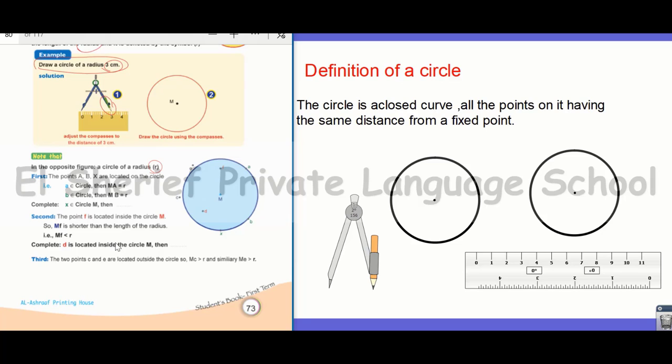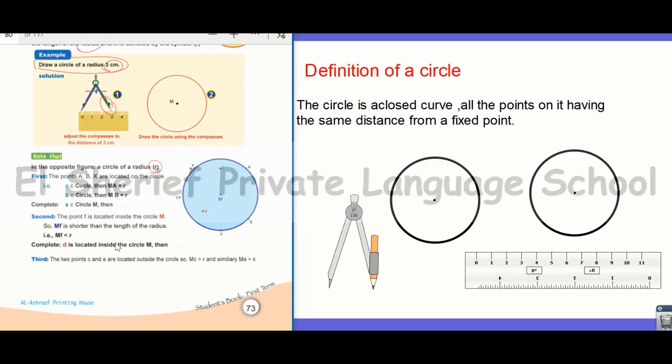First, we have 3 types of points. If we draw a circle, we have 3 types of points: a point inside the circle, a point on the circle, a point outside the circle.